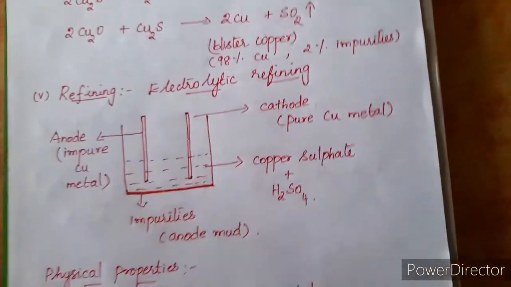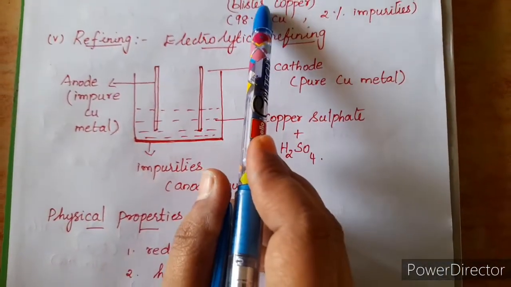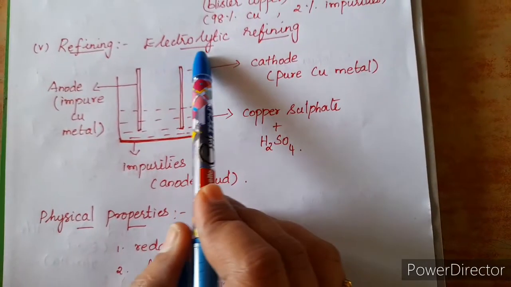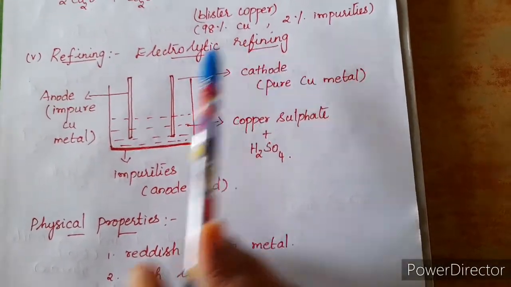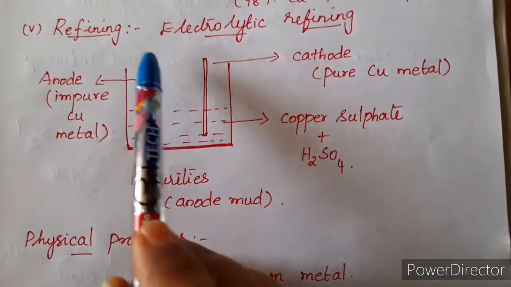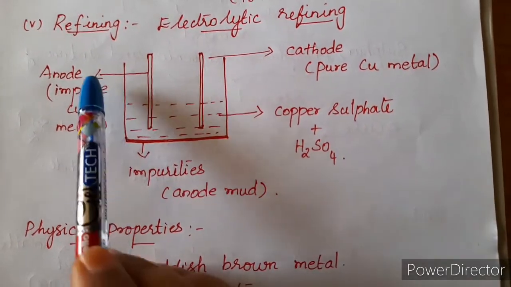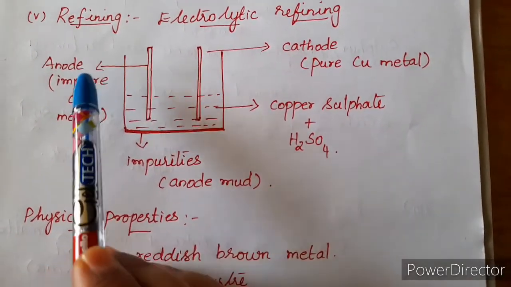In the sense, we are refining the metal, we are purifying the metal, and purification of the blister copper is carried out by electrolytic refining. Now this electrolytic refining consists of a container in which the anode and the cathode are immersed in the electrolyte. Now what is the anode? The anode is the impure copper metal.